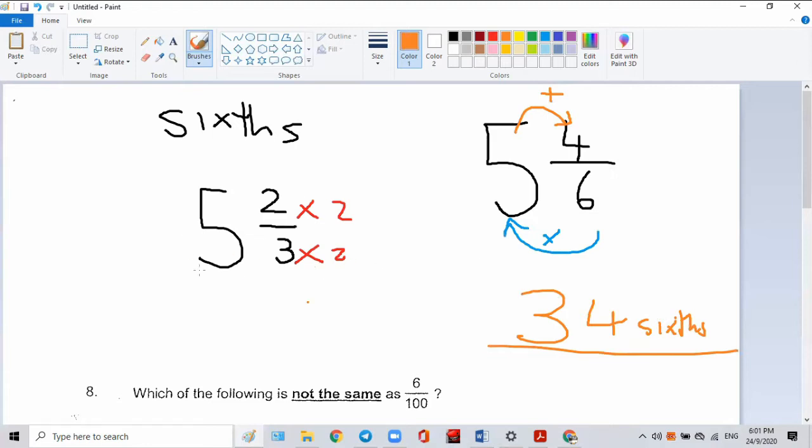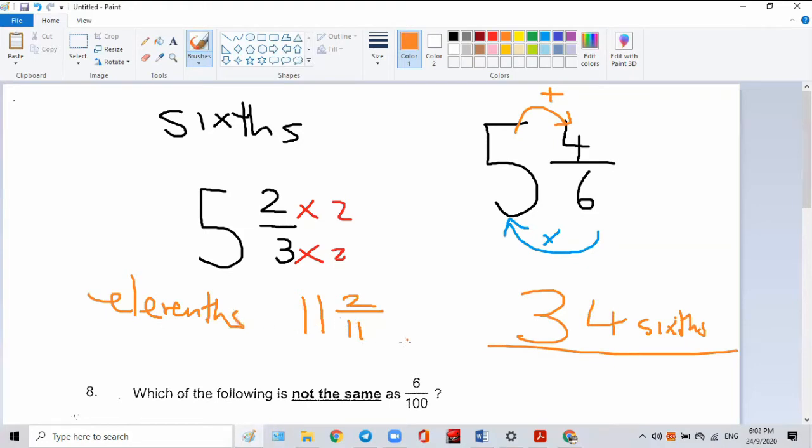If you need to convert, okay. How many elevenths, E-L-E-V-E-N-T-H, are there in 11 and 2/11? Come on.